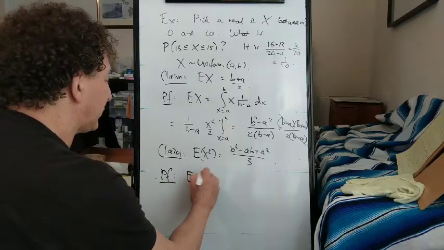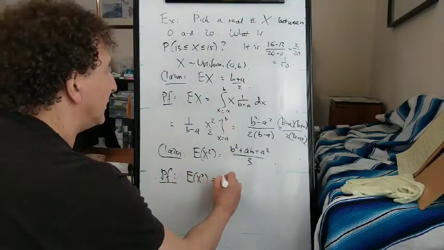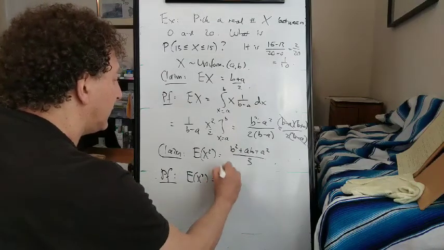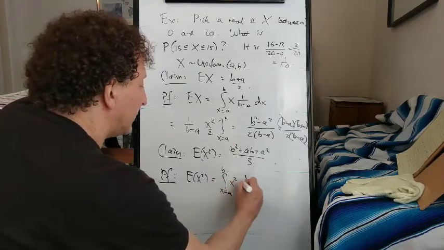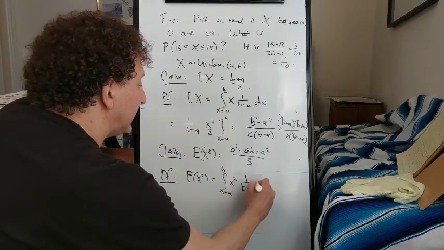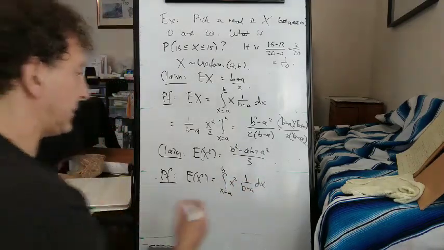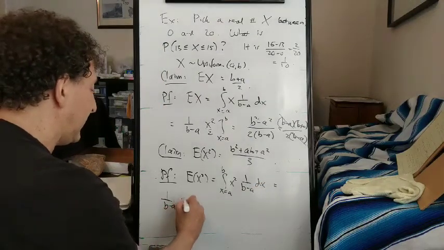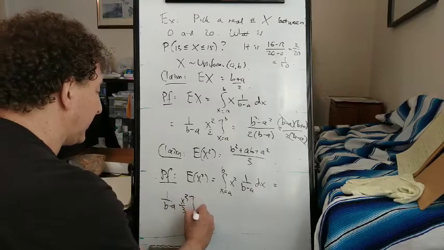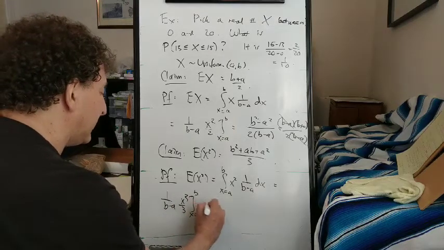Expected value of x squared is the integral of x squared times 1 over b minus a dx, which is 1 over b minus a, x cubed over 3 evaluated from a to b.